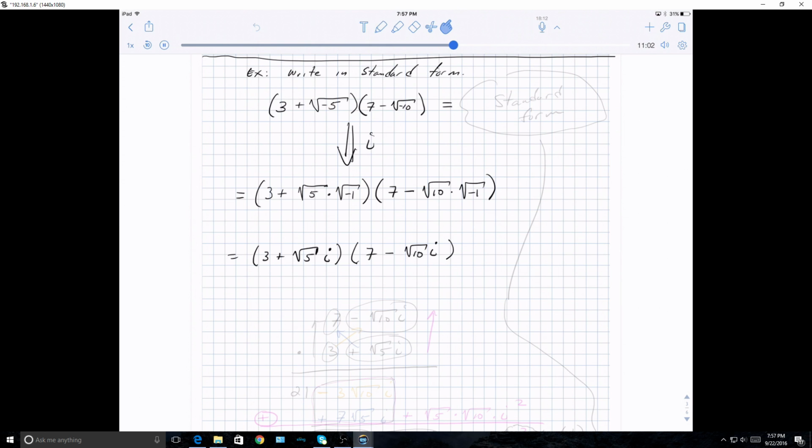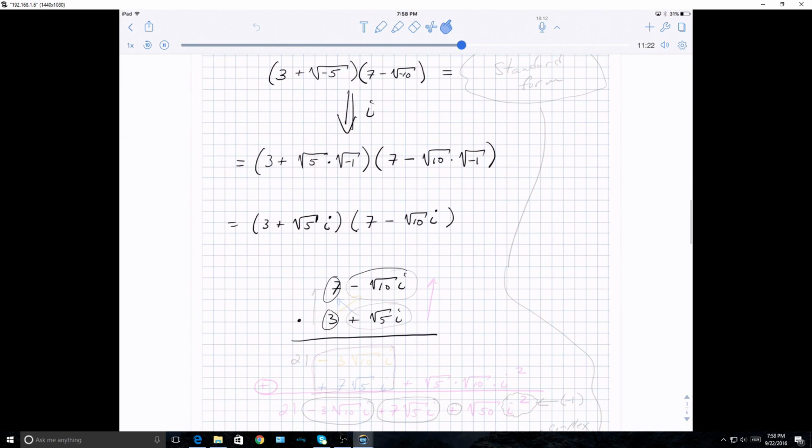Now that we've generated this, we can generate the product very easily. So I'm just going to put this in the numerator here, or at the top, I guess. It's not really a numerator. Times 3 plus root 5 i. So again, it's just classic multiplication.